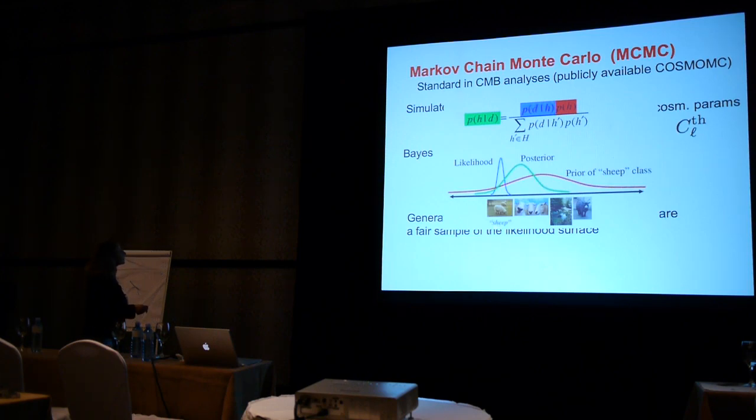So say that this is your likelihood of being a sheep, and say that this is your prior on the sheep class, and your prior is broader, so it includes lamb, and I don't know, other four-legged animals. Likely, your posterior will be something like that. Remember what's going on here, and let's keep this in the back of your mind, because at the end I'm going to ask you a question related to this.